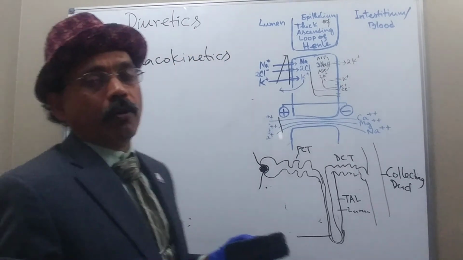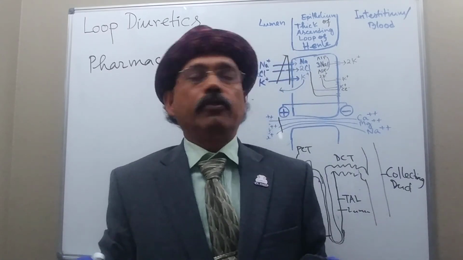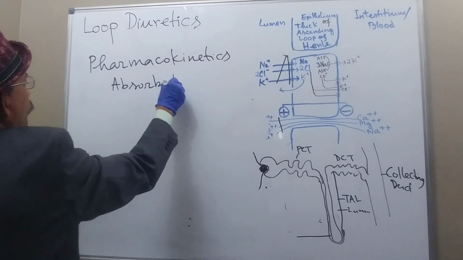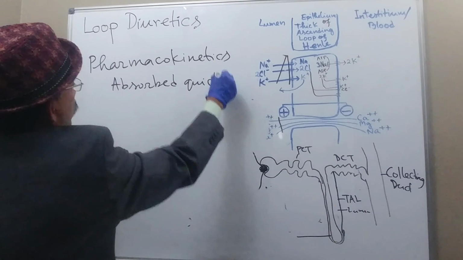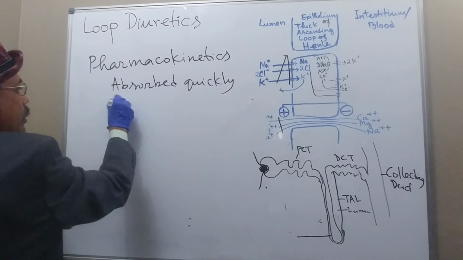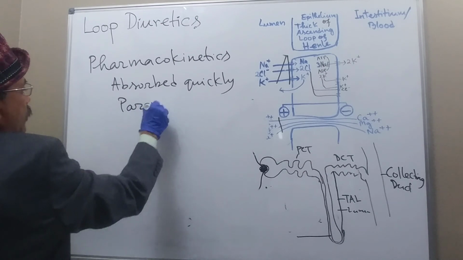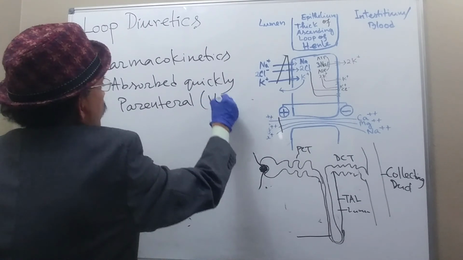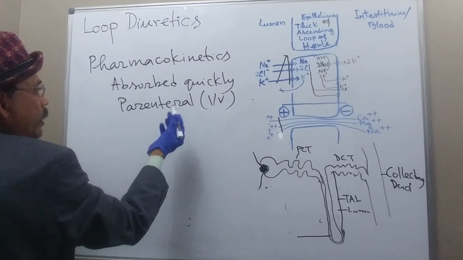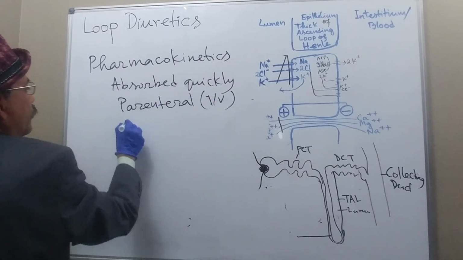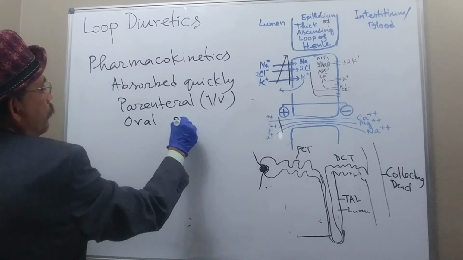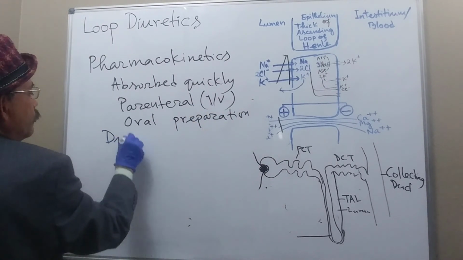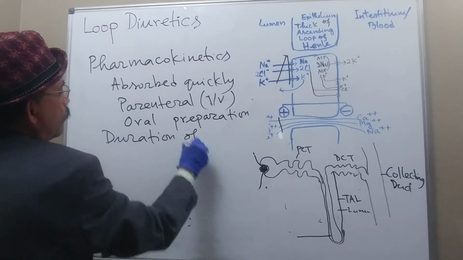This drug is absorbed very quickly. Okay, it has two types of preparation, parenteral or intravenous, IV, and also oral preparation, and duration of action is only 2 to 4 hours.